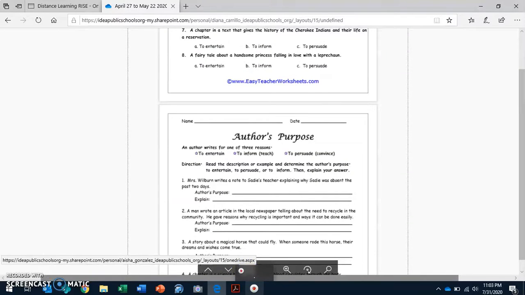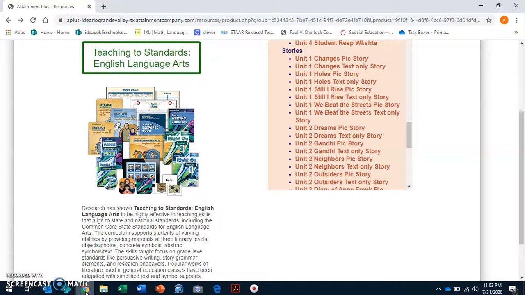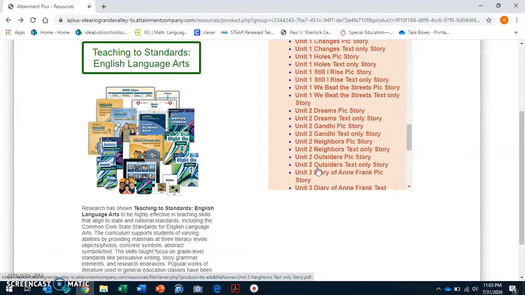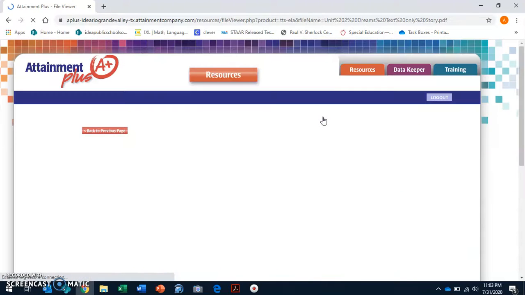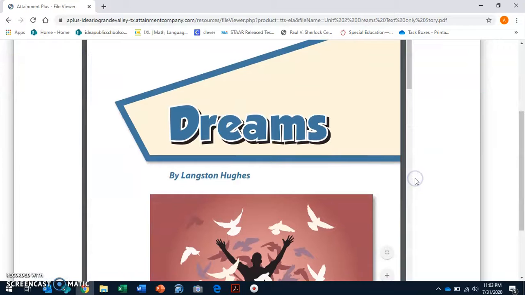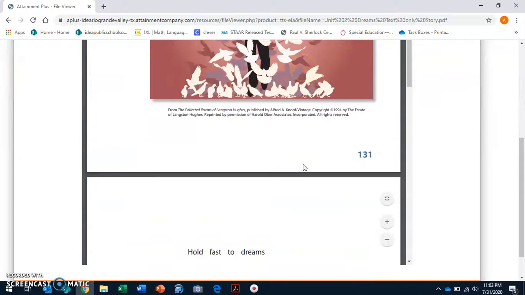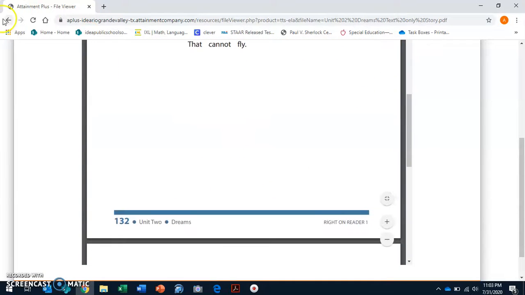For reading low, like I said, you all don't have to worry about it because I'm doing reading low, but you would literally get a story, wherever they left off. Say they left off on the one before, so I would go into here. Oh wait, this one's not the one that has pictures.